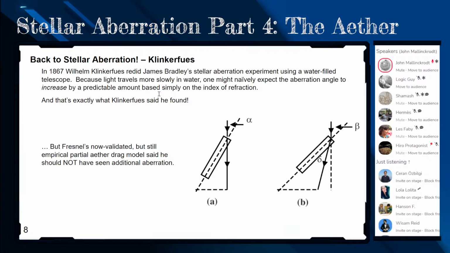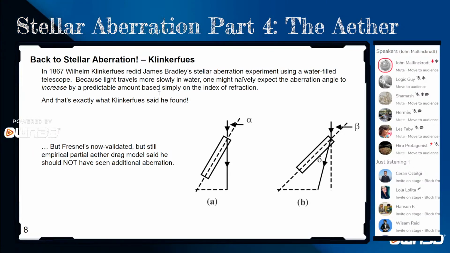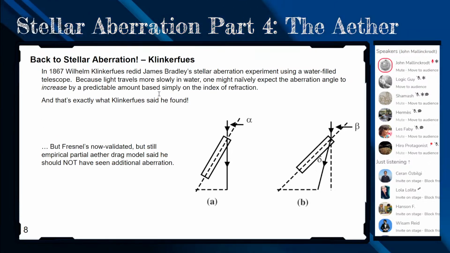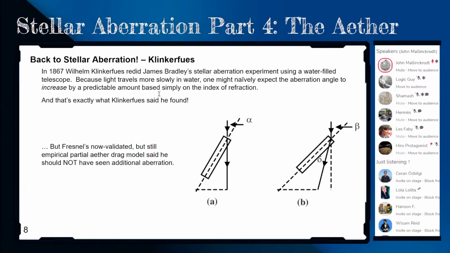And what Klinkerfues did was to say that stellar aberration that Bradley saw was a result of the fact that the telescope kind of has to move. If you're moving through light, then as the telescope moves, the light is going to hit the side of the telescope unless you tilt it forward a little bit in the direction that you're moving, so that the light stays in the center of the telescope as the telescope moves.